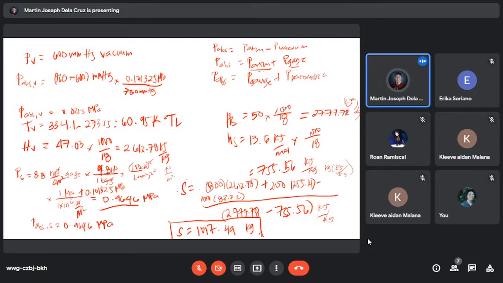Tapos, in 1 kilogram force, we have 9.81 Newton, right? So, yun lang class yung correction. Sorry class.